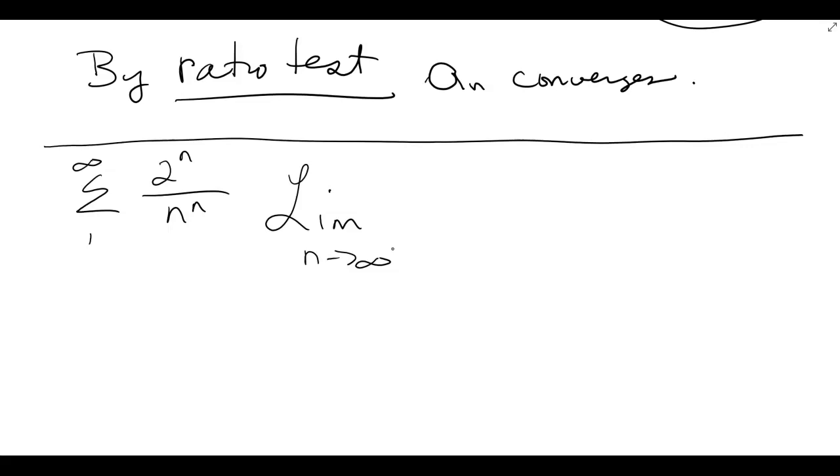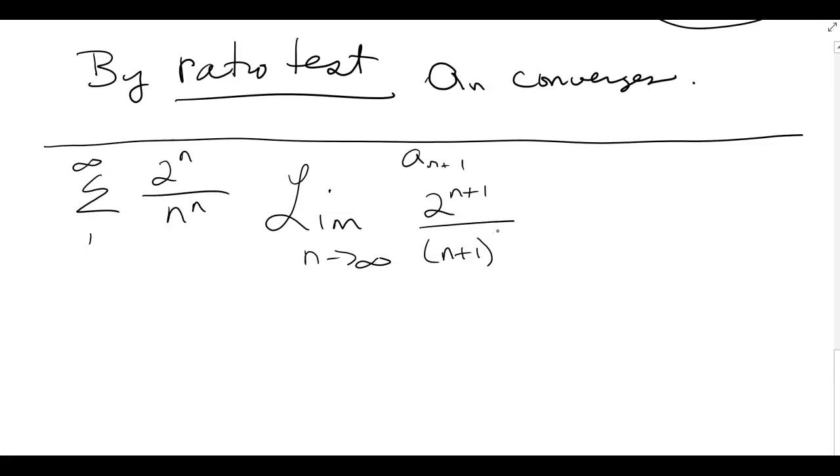So that ends up being 0 if you try the divergence test. So that's eliminated anyway, and that's inconclusive. But the ratio test. So I need first to start with a sub n plus 1. So what does a sub n plus 1 look like? 2 to the n plus 1 over n plus 1 to the n plus 1.